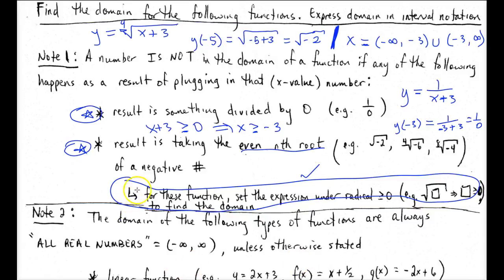Now, to make sure that this is clear, let's do the cube root of x plus 3. In this case, since we have an odd nth root, not an even one, there are no restrictions on odd nth root functions as far as having negative numbers under the radical.